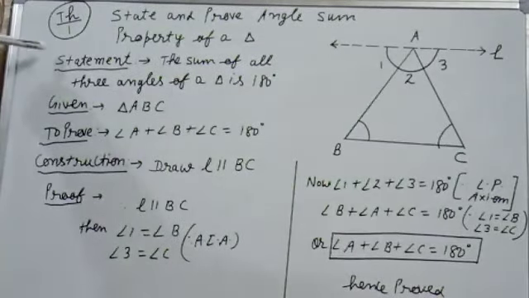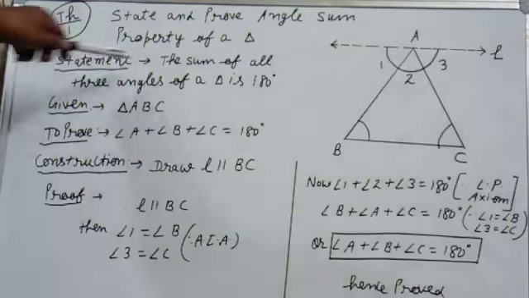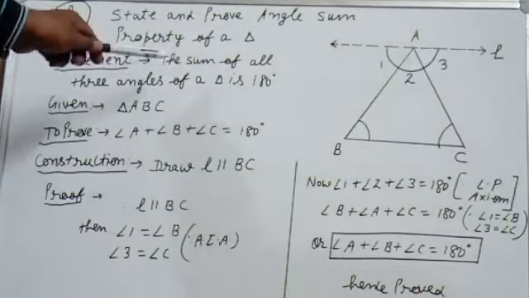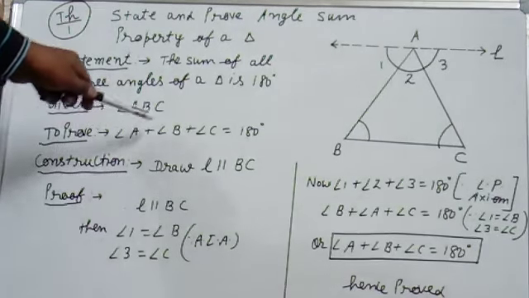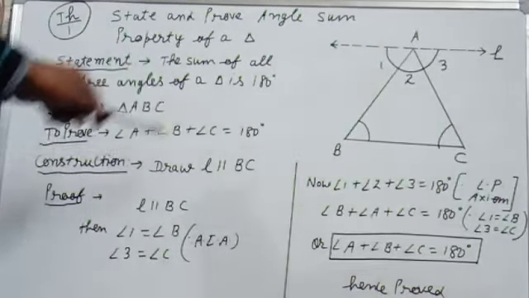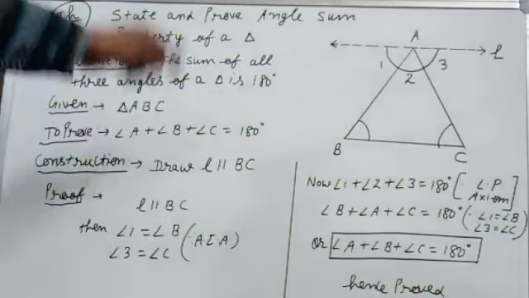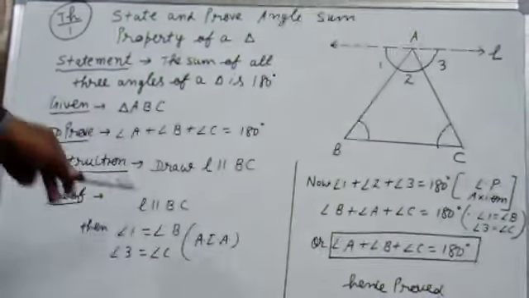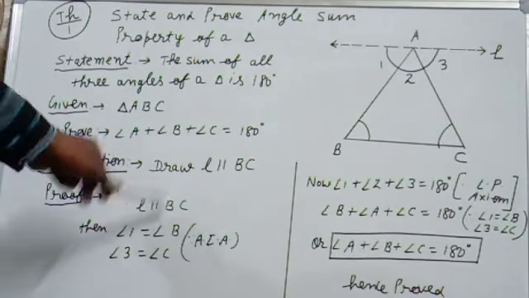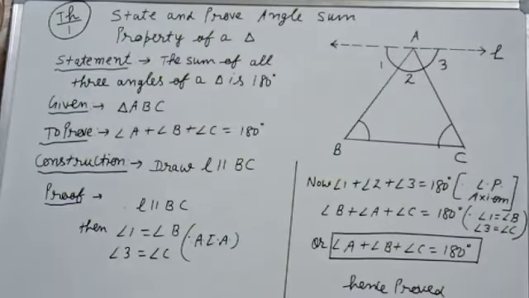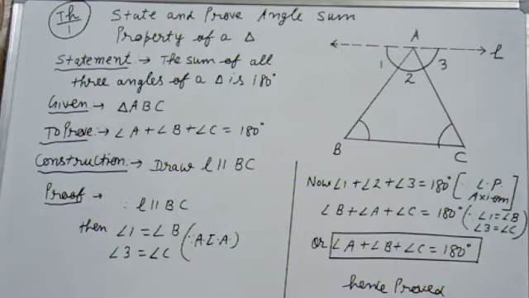Again, I am revising these four steps. First statement: the sum of all three angles of a triangle is 180. Second, given: triangle ABC. Third, to prove: angle A plus angle B plus angle C equal to 180. Construction: draw L parallel to BC. Now from here you have to start the proof with the parallel lines. Because L is parallel to BC, when lines are parallel, as you learned in 6.2, the result we use most is alternate interior angles.